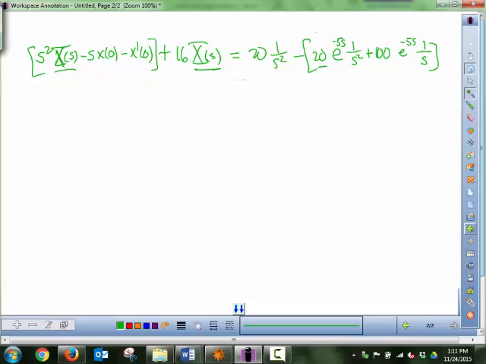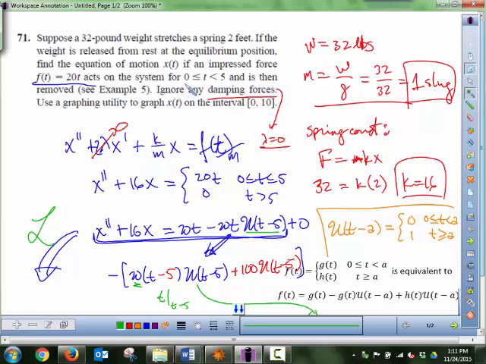We need to figure out our initial conditions. Ignore any damping forces, use a graph. If the weight is released from rest at equilibrium, so these key terms here, from rest at equilibrium. From rest means it's not moving when you start, so x prime of 0 is 0.